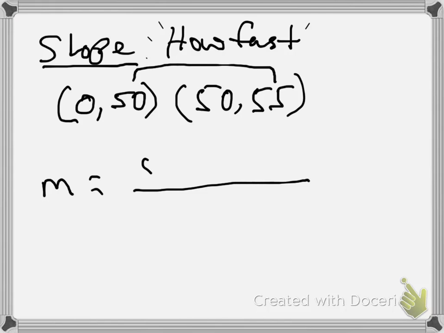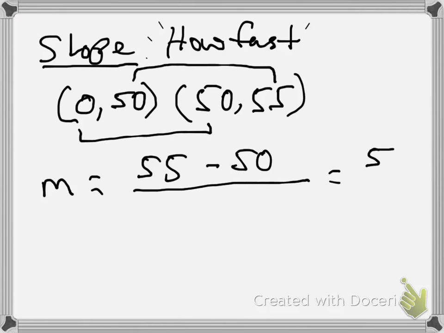One way you could do that is by subtracting the y values. That will show you that they're increasing by 5. And then see how fast the x values increased. Also subtract those in the same order. My x values increased by 50. So that tells me for every 50 minutes that I go over, they're going to charge me $5, but I can reduce that fraction to 1/10.